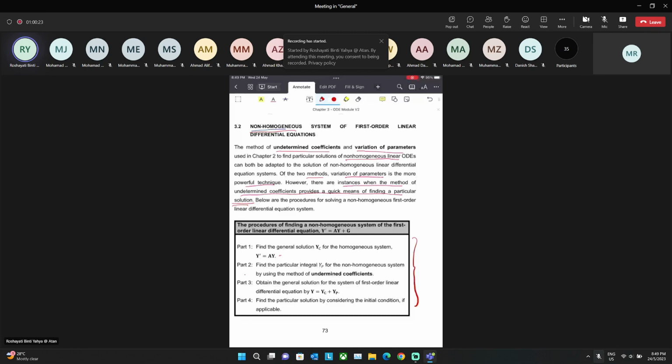But you need to know how to use the methods that you have learned before in chapter 2, especially undetermined coefficient. So here I already summarized it for you. Hopefully this will help you later.